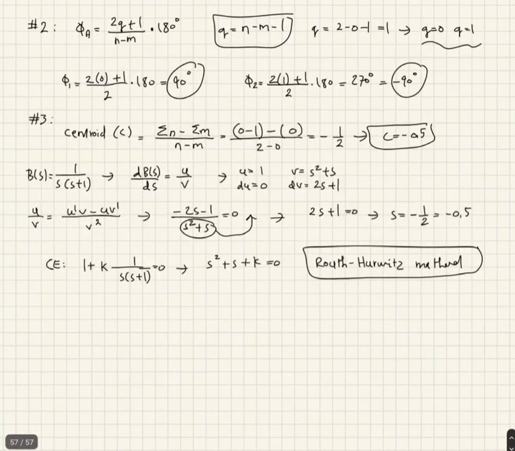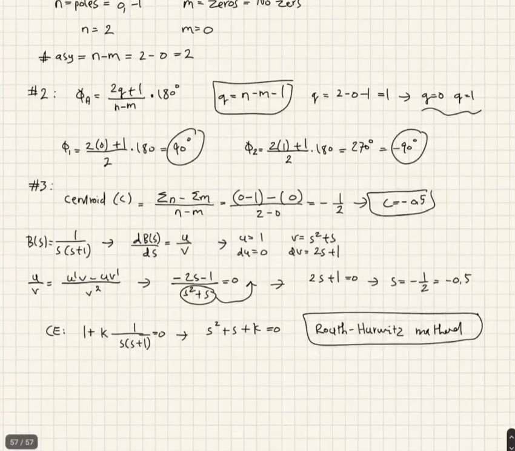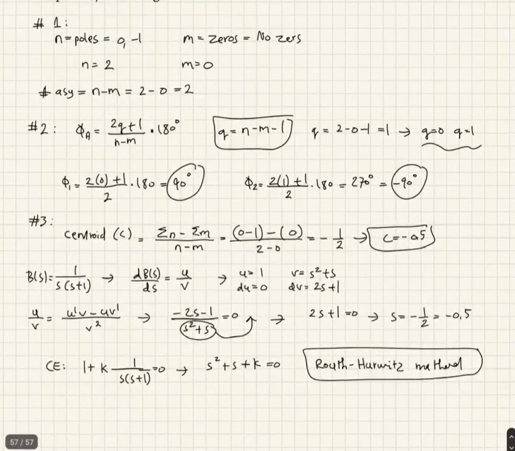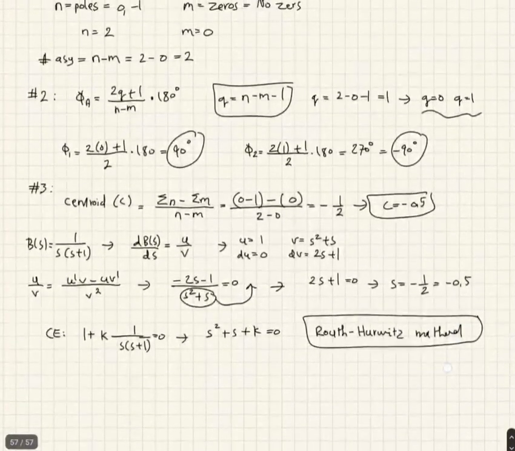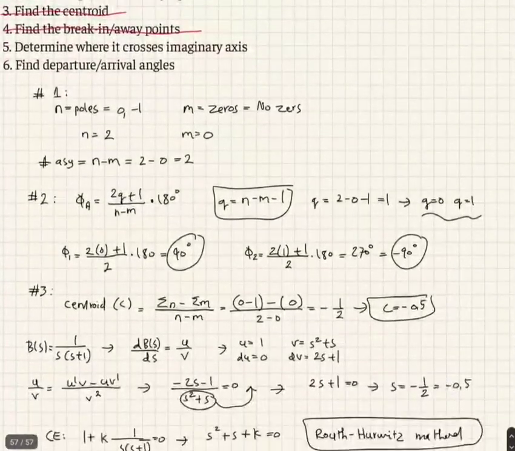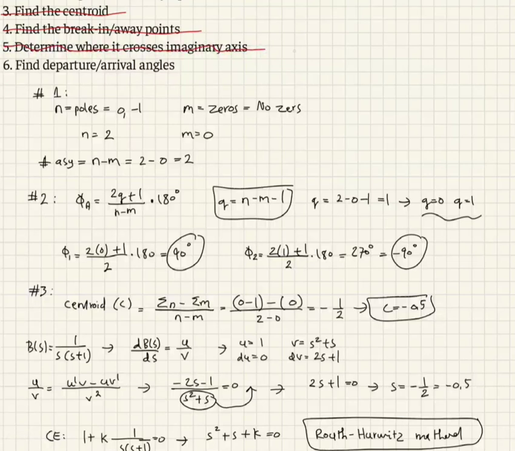But even if you use it in this case, it's just gonna give you an imaginary k, which is just not right, because the locus doesn't cross the imaginary axis, so it shouldn't have an imaginary component. So this step is not applicable for this example specifically, okay?